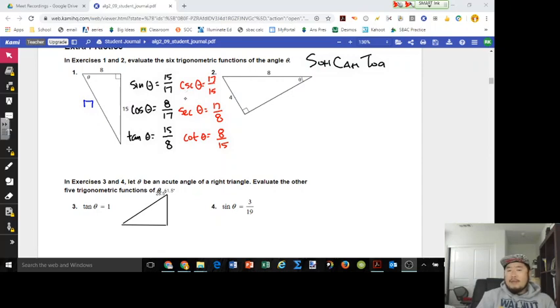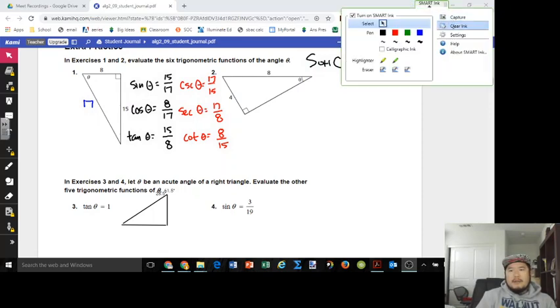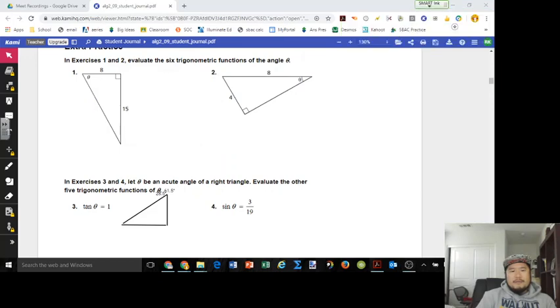You could do that, or if you already have 3 of the basic ones down, you just need to take the reciprocals of each respective function. Okay, let's move on down to number 3.